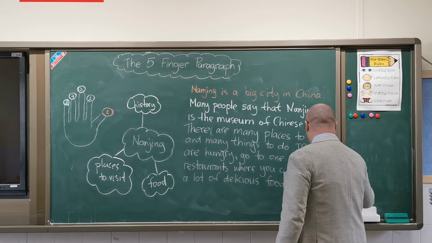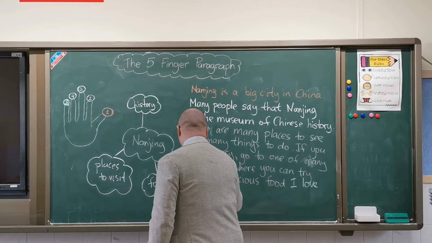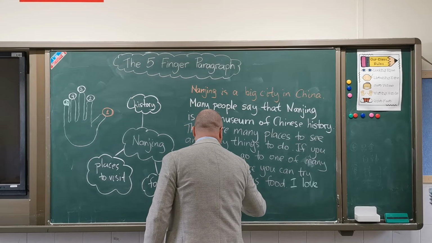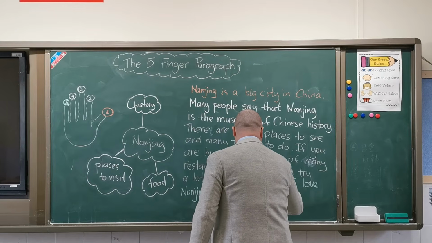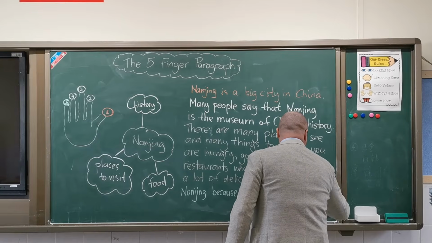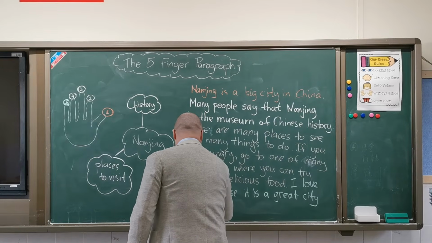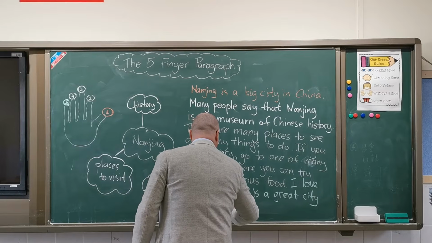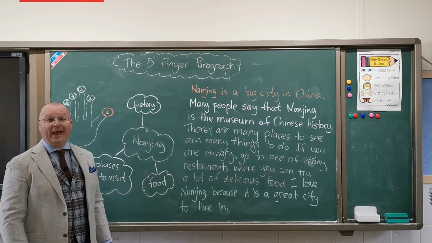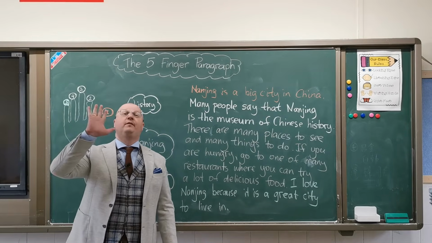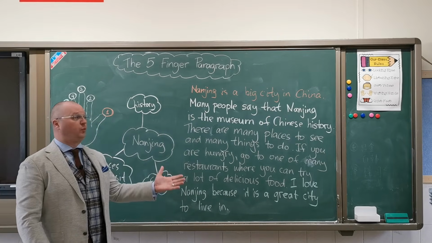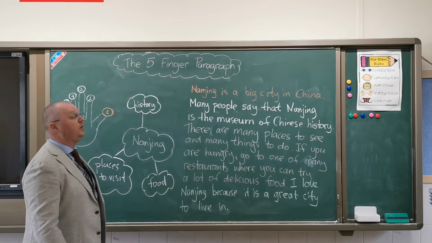I love Nanjing because it is a great city to live in. Here we go. So this is what we have here, a perfect 5-finger paragraph. And let's just read it to see how it sounds together.